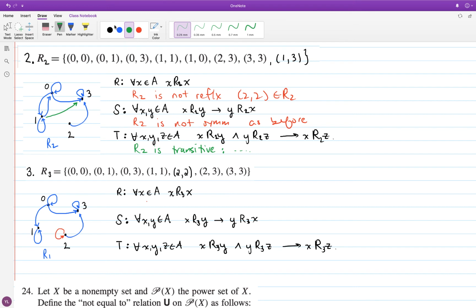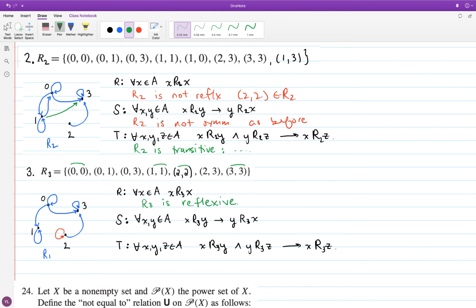All right, let's move down to this next relation here. I've actually fixed the reflexivity of the relation. So you can see for each element in A, 0, 1, 2, and 3, (x,x) is in R3. So in other words, x is related to x for every single x in A. So R3 is reflexive, by looking at the picture or observing that this holds true.